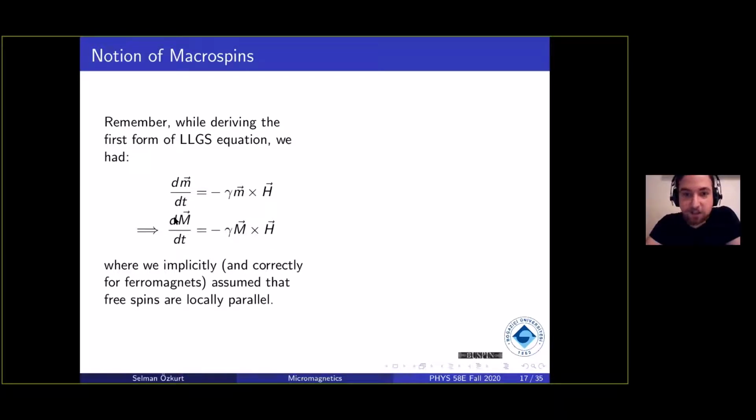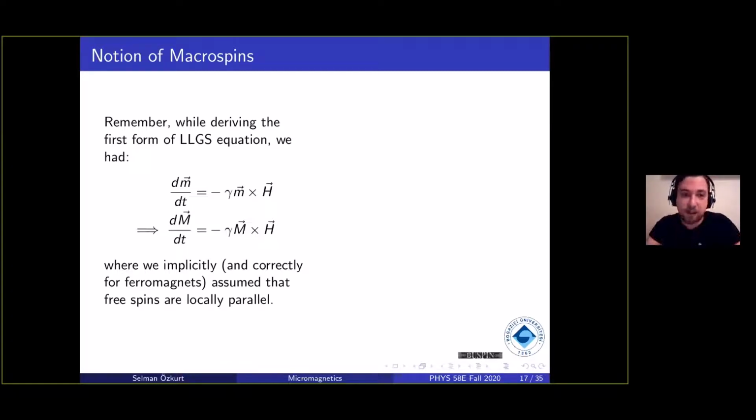Remember this transition. I'm transforming from a single magnetic moment to a magnetization in a certain dV volume. And while doing that, we assume that all the spins in that dV, in that particular region in the space, are pointing to each other and are coupled to each other so strongly that they even precess together. This is the case for ferromagnets, where neighboring spins are very strongly coupled using exchange interaction.